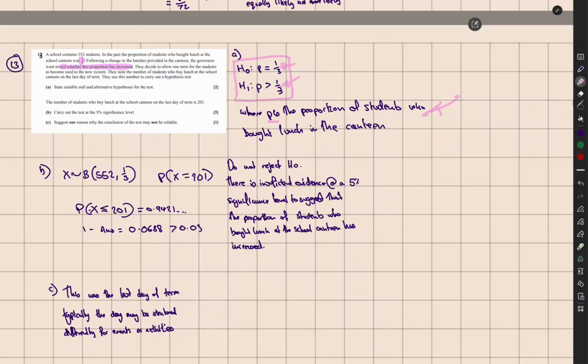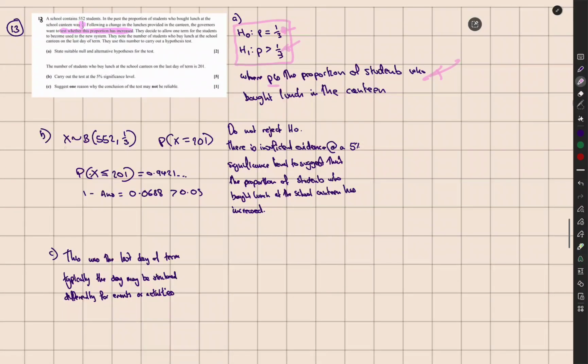Then it says the number of students who buy lunch at the school canteen on the last day of term is 201. So we are then asked to carry out a test at a 5% significance level to see what this means. Okay, so here I can see my variable X is distributed binomially.